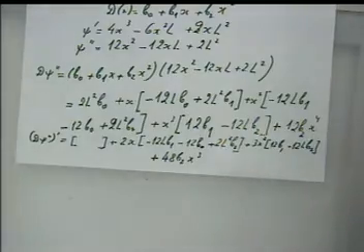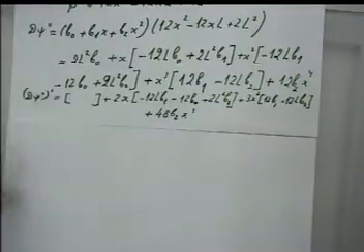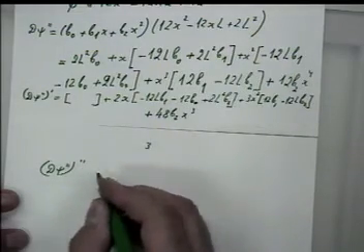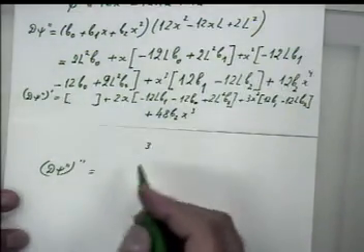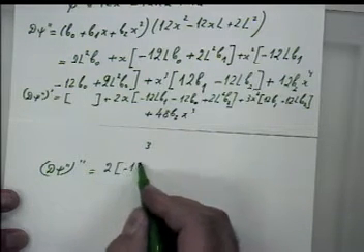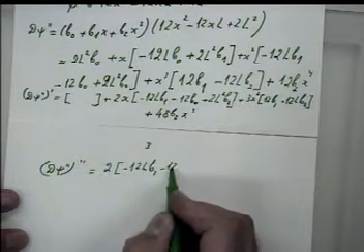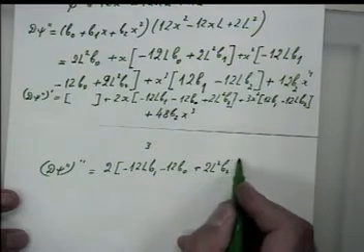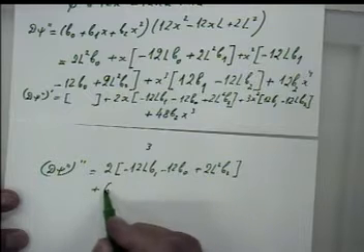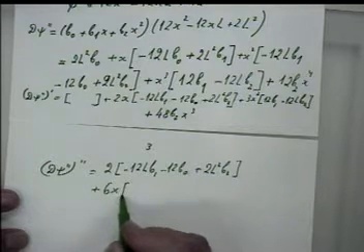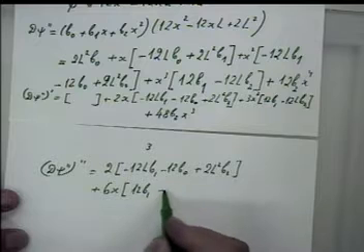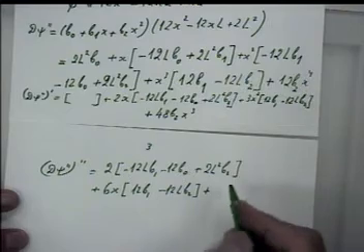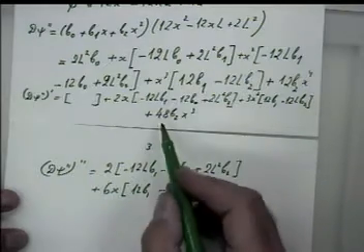Now when I differentiate once more, this term disappears. So it will be 2 times minus 12Lb1 minus 12b0 plus 2L squared b2, plus 6x times 12b1 minus 12Lb2, and then plus 3 times this term.